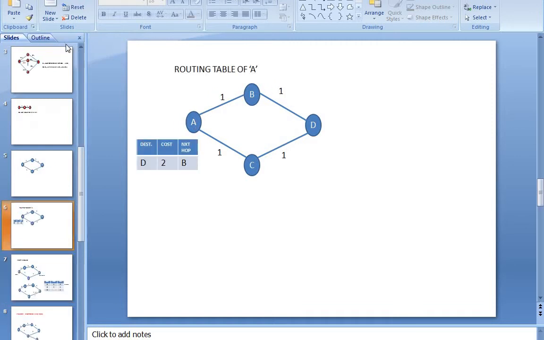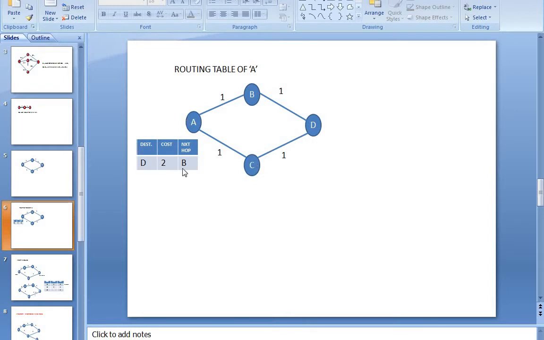In this algorithm, each router should keep at least 3 pieces of information for each route. One is the destination network, another is cost, another is next hop. In this diagram, you can see router A, router B, router C and router D, these 4 routers we have here. Each router maintains a routing table, and a minimum of 3 pieces of information will be there.